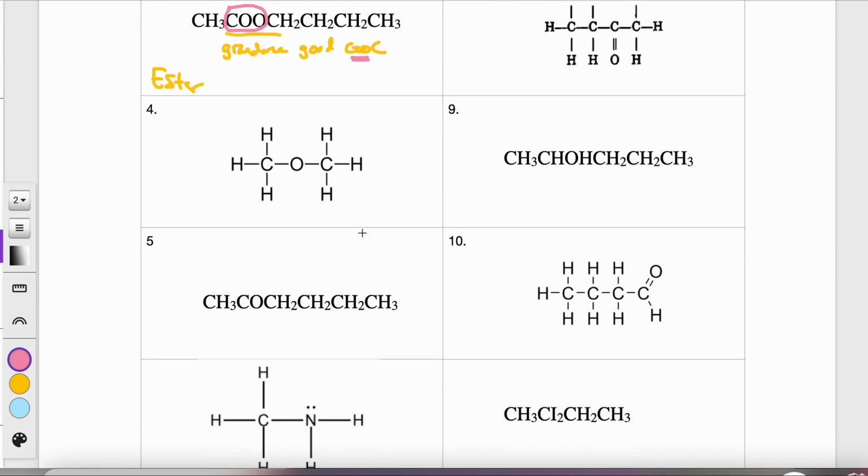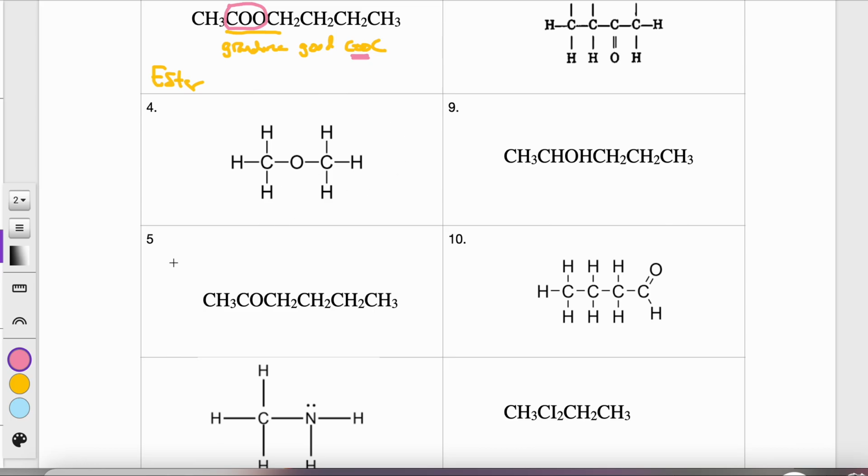Okay, so when I take a look at this full-blown structure, this should be pretty recognizable because I see that I have a carbon chain and then I have an oxygen followed by another carbon chain. So here is my ether bunny. And if you can't see it like that, that's okay.